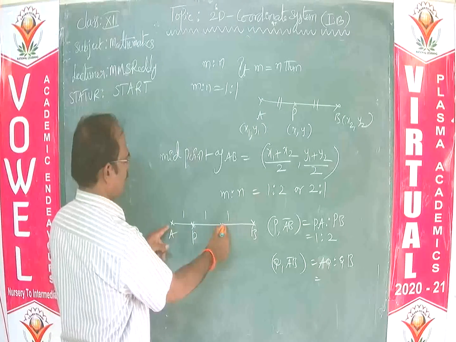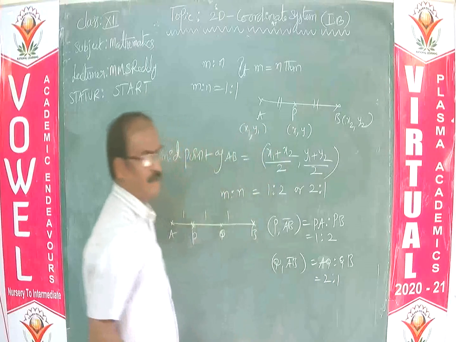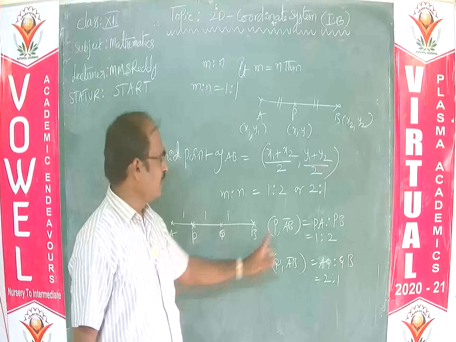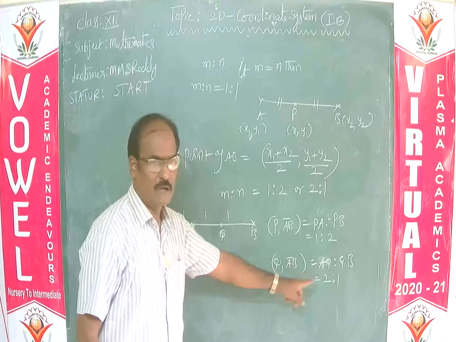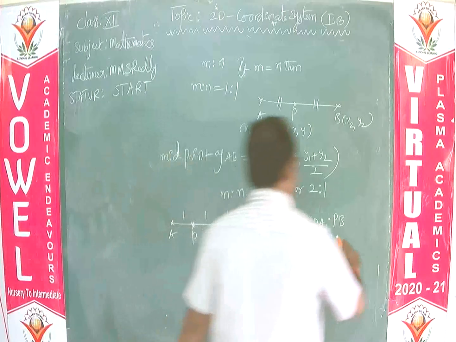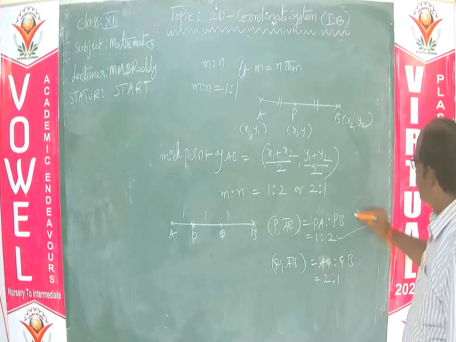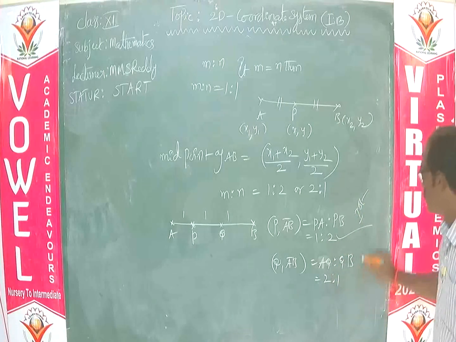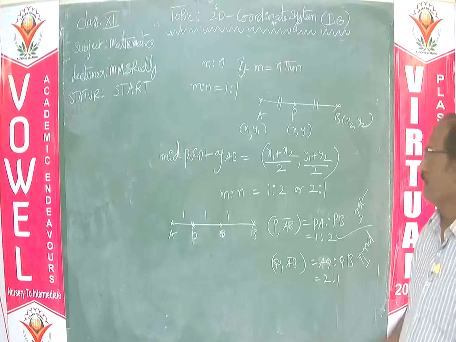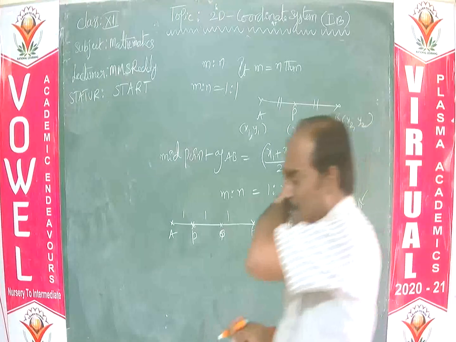AQ is equal to 1 plus 1, 2. QB is equal to 1. So the points which divide the line segment joining A and B in the ratio 1 is to 2 or 2 is to 1 are called points of trisection. Clearly, a point which divides line segment AB in the ratio 1 is to 2 is called the first point of trisection. 2 is to 1 is called the second point of trisection. Is the point clear? Midpoint, points of trisection.